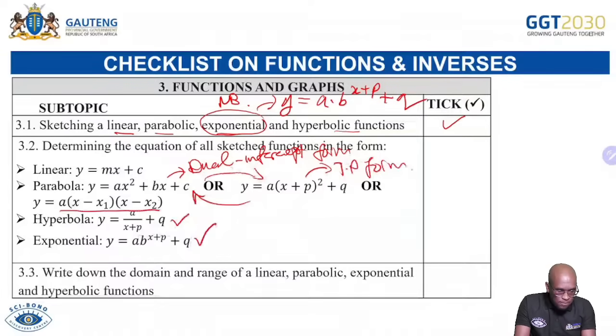All right, and then from there, write down the domain and range of all the functions. If you've covered that and you know your domain and range, it will be asked tomorrow. You cannot run away from it. You'll be asked about domain, you'll be asked about the range. So you should be able to do domain and range for each and every function there.